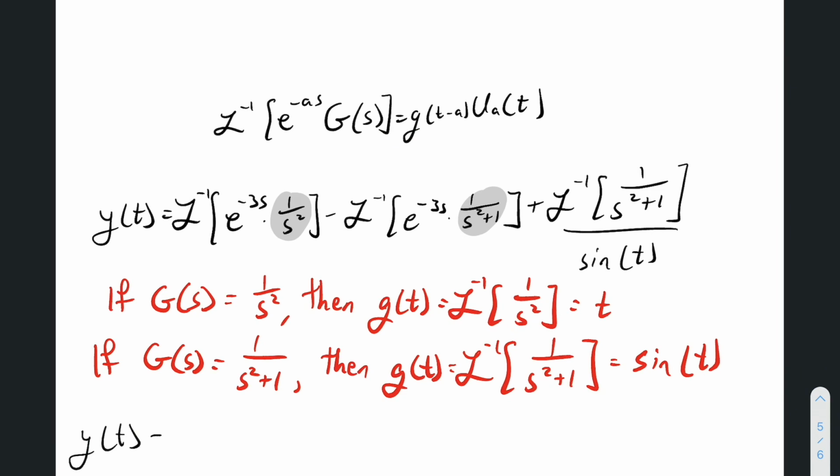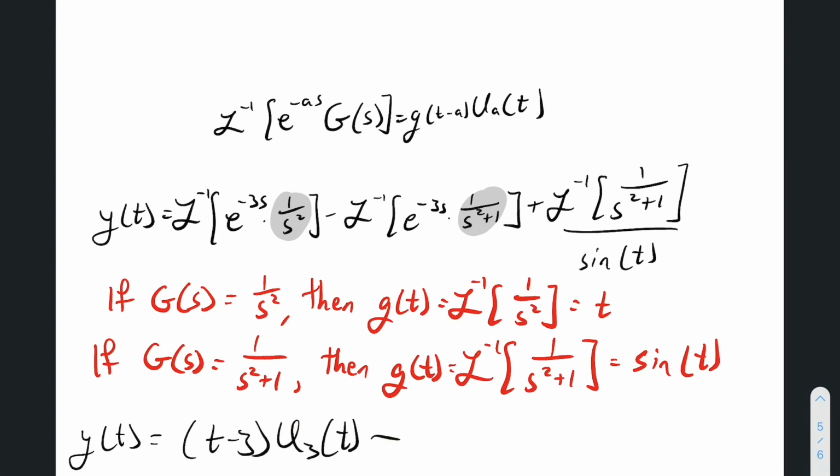So y of t equals, all right, a is 3 in this case, right? So we're going to get g of t minus 3. For this one, instead of t, we'll have t minus 3, and then times u sub 3 of t.